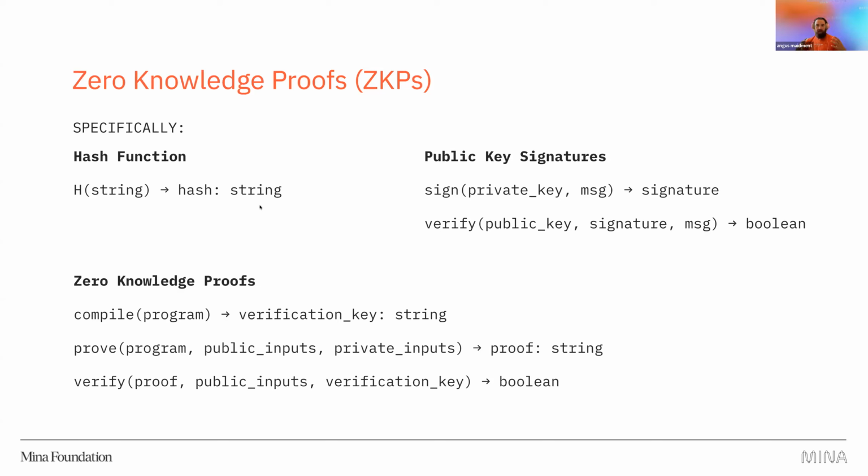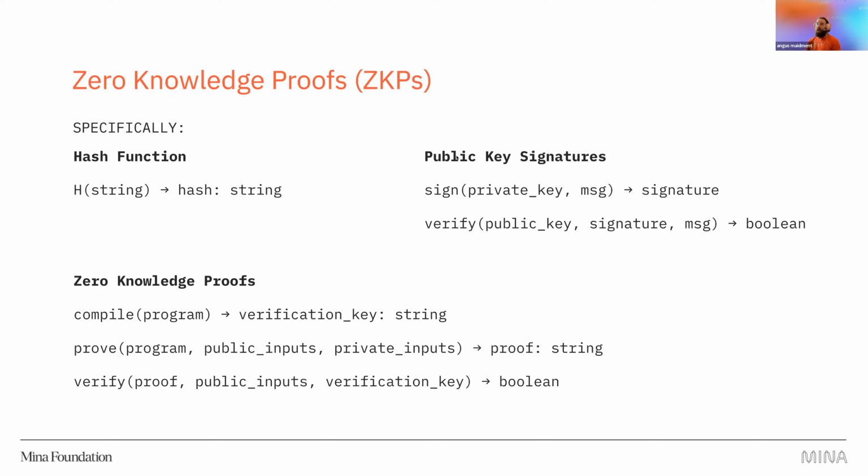It's a fixed length string. And if you put two pieces of data into the hash function that are exactly the same, it'll give you exactly the same output. So a hash function can help you verify the integrity of data. You can say piece of data A is the same as piece of data B by putting them through the hash function.